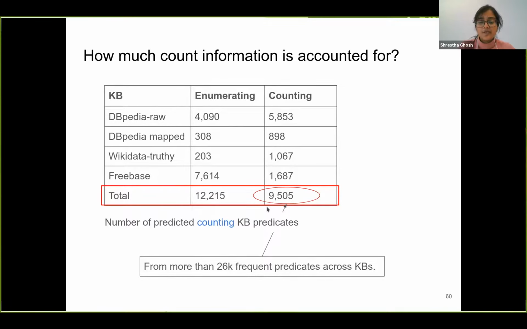These are a bit lower, because for enumerating you also look into the inverse predicates, and in counting predicates a lot of integer predicates are codes and IDs, which are removed.